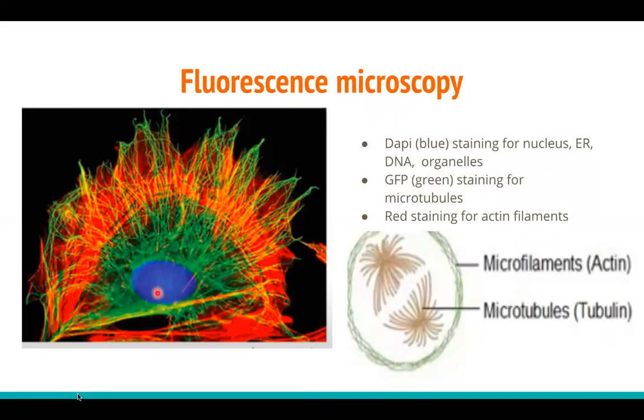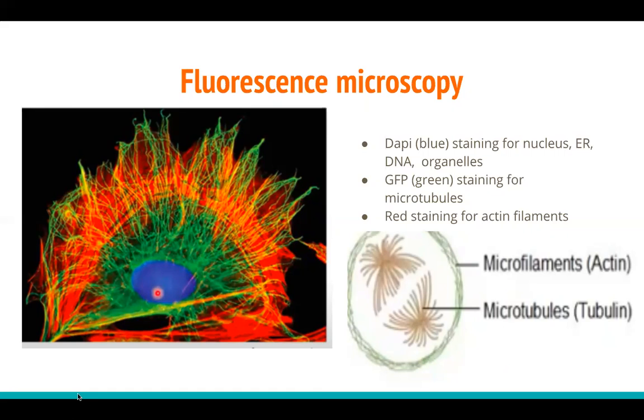I'm not sure what type the red stain is. I know that in the video she said that GFP comes from jellyfish, which they can also turn into different colors, so maybe it's that, but I'm not sure. But for these two pictures, you can see on the diagram on the right how the actin filaments surround the cell, and the microtubules are the cytoskeleton that's going to be growing on the inside.